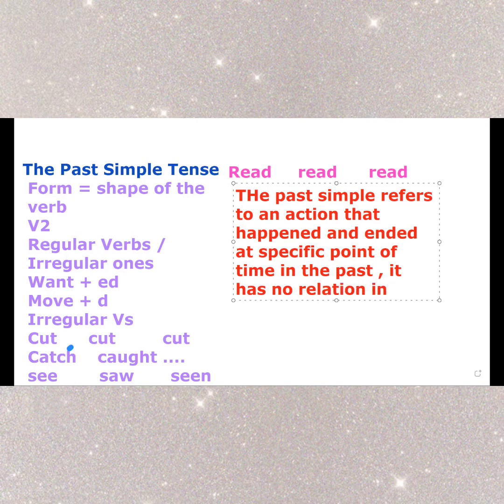So I can know exactly when the verb started in the past, and I can know exactly when the verb ended in the past. What I focus on here is the verb itself, when it happened and when it ended, but no relation with the present at all. No consequence in the present, no result, no importance, no duration or continuity in the present. This is the past simple.